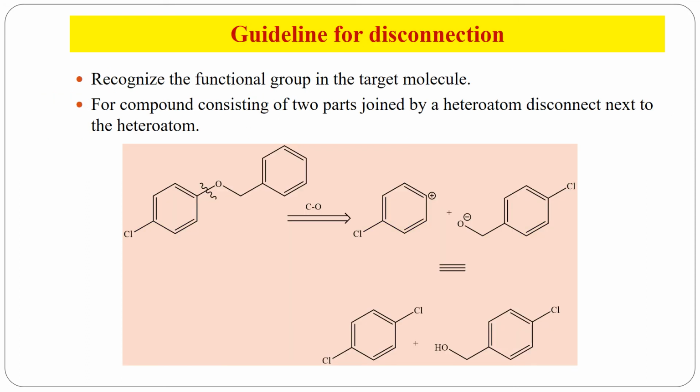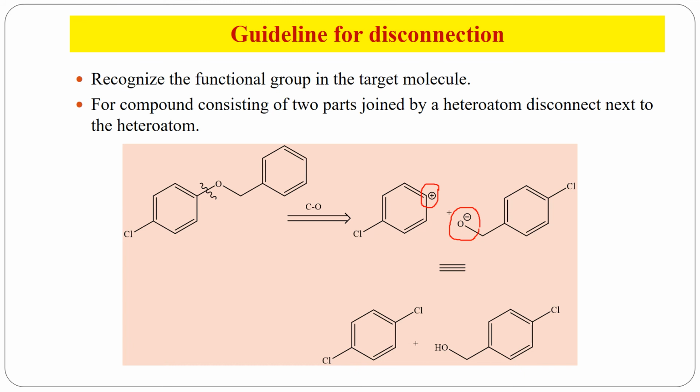Here are some guidelines. First of all, recognize the functional group in the target molecule. What are the functional groups present in the target molecule? For example, here it is an ether. And if there is some heteroatom, then the disconnection should be adjacent to the heteroatom so that the heteroatom can behave as a nucleophile and the other carbon behaves as an electrophile. It is the natural polarity of both these species.